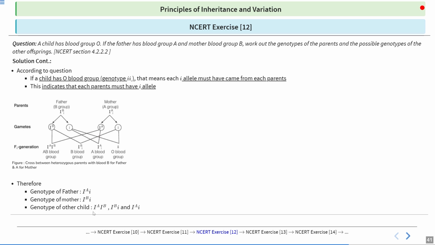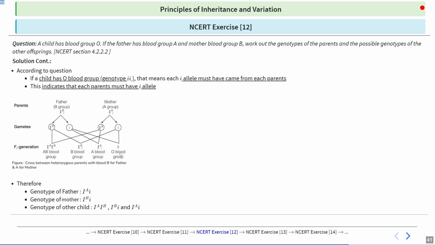And the genotype of the other child will be IA IB, AB, which contains both the alleles, IA and IB. One of the children can have blood group B, having the genotype IB small i, and one child can have blood group A, having the genotype IA and small i.